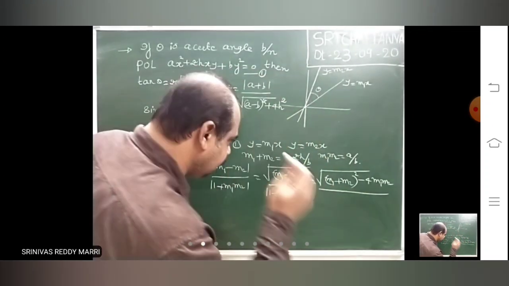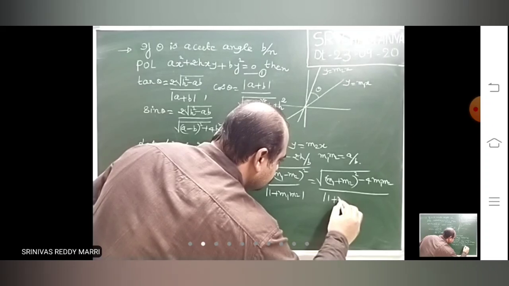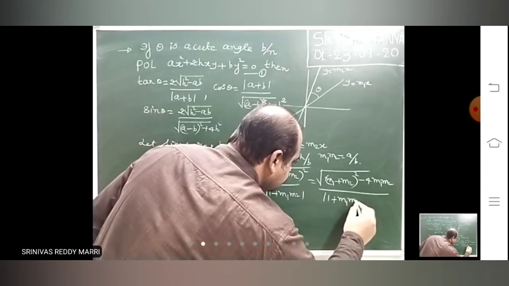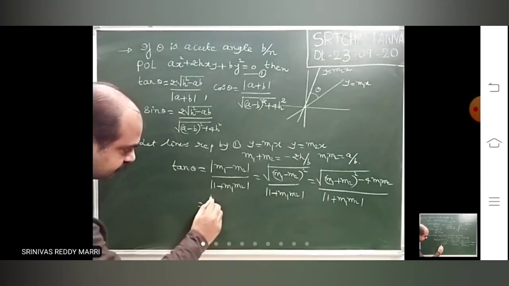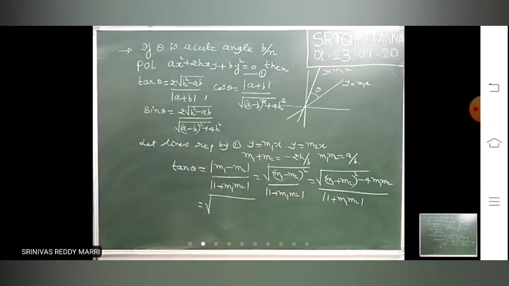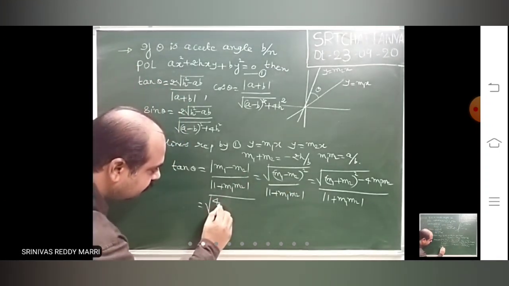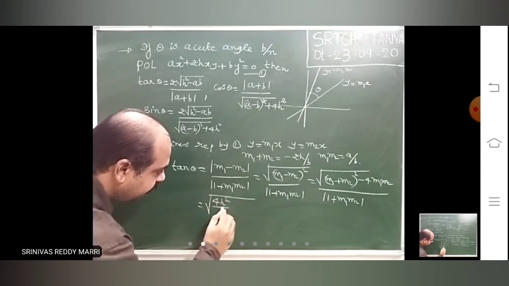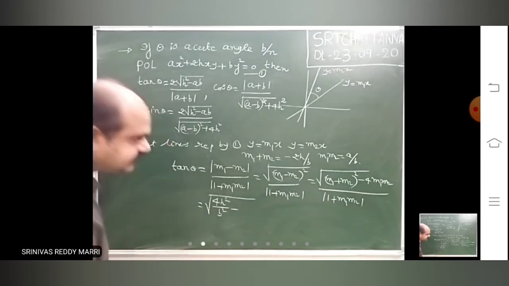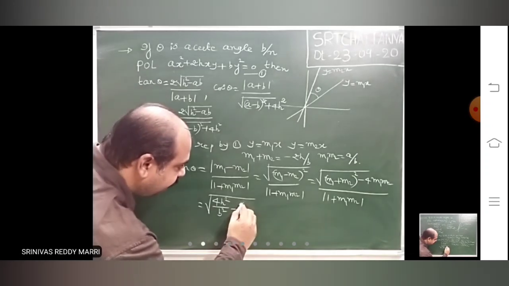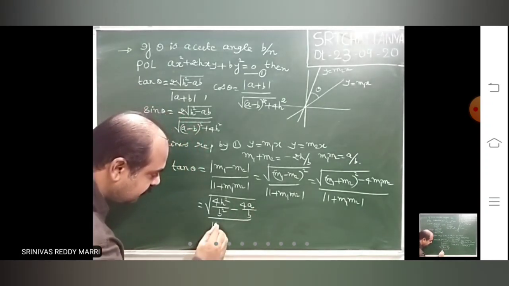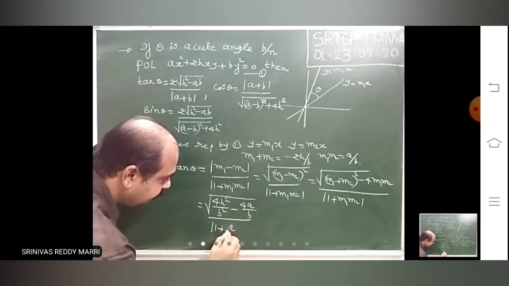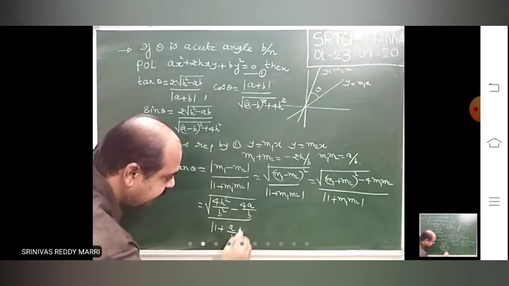Now you know the relations, so root of m1 plus m2 whole square minus 4 m1 m2, which is 4h square by b square minus 4a by b, divided by modulus 1 plus a by b.